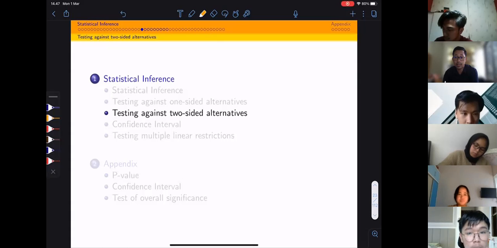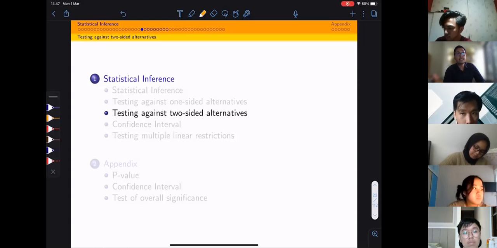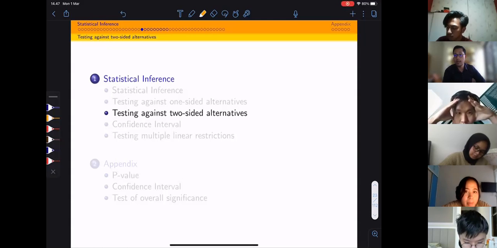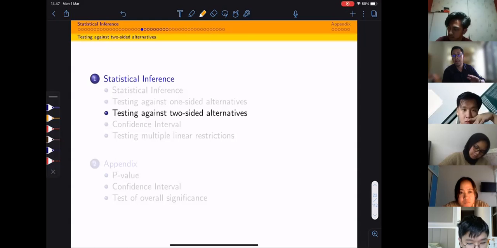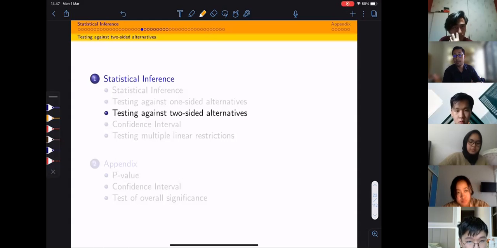testing against a two-sided alternative. So the idea is that if we have a theory that says there is a positive relationship, or a negative relationship, we can use that theory to state the hypothesis. So the null hypothesis that beta j is larger than 0, or the alternative hypothesis that beta j is lower than 0.